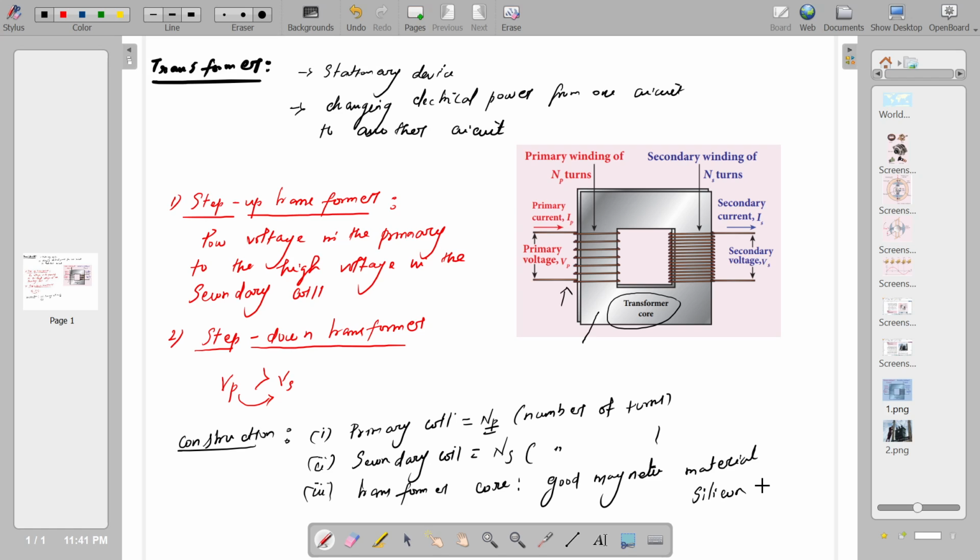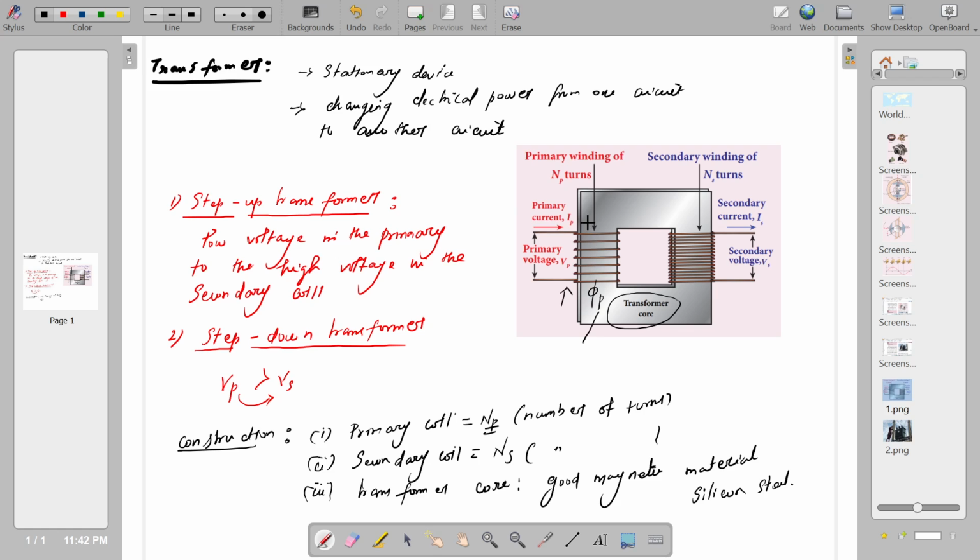Why is it made of good magnetic material? Because the magnetic flux generated by the primary coil, suppose the number of magnetic flux lines is phi B in the primary coil, has to be linked.